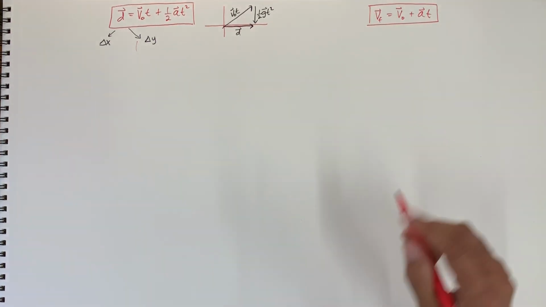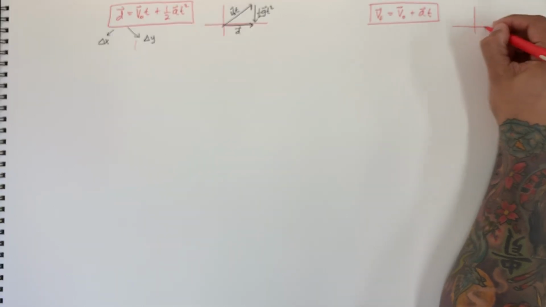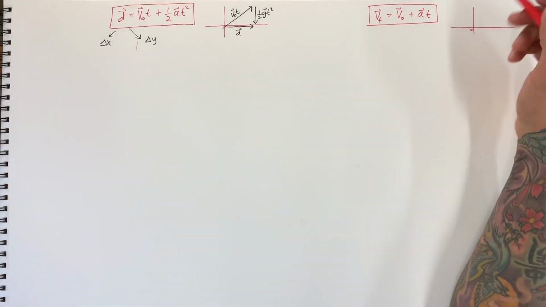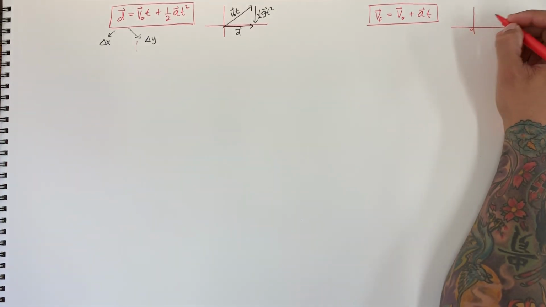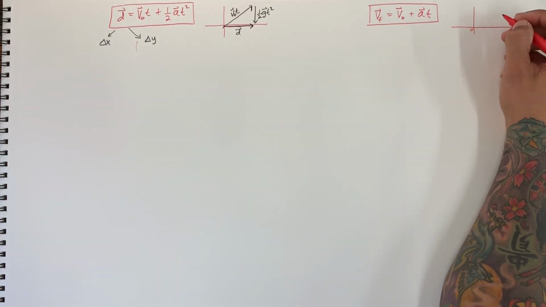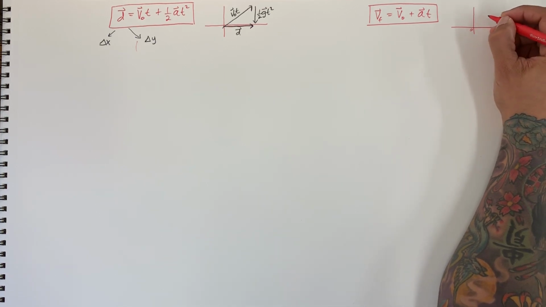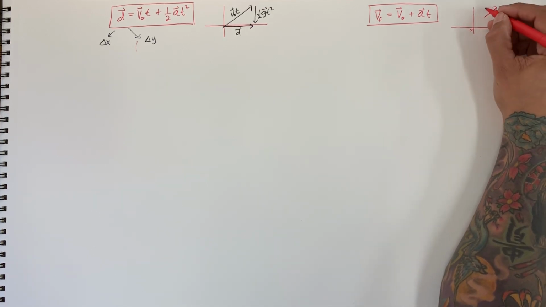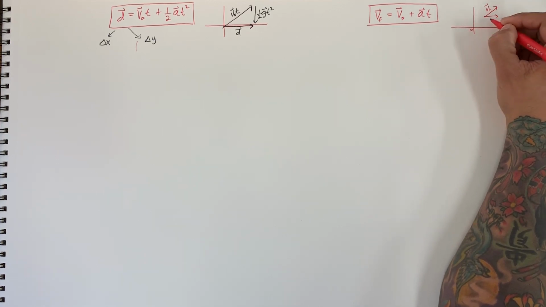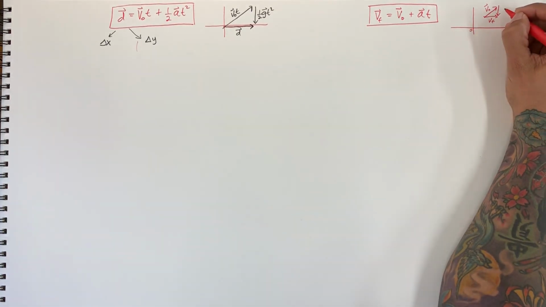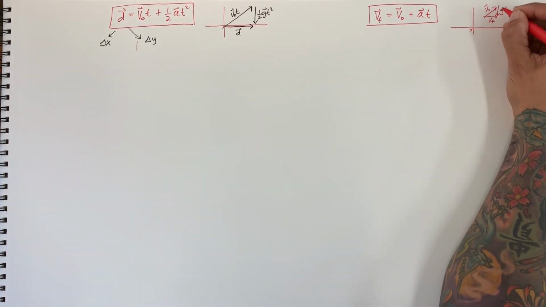Okay, and again, this vector triangle looks exactly like the other one, and so we can actually draw it not at the origin if we don't want to. So we're gonna do velocity initial goes here, velocity final, and downward is gonna be our gravity times time.